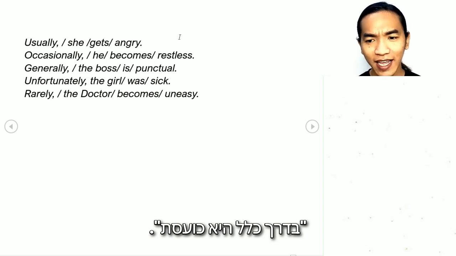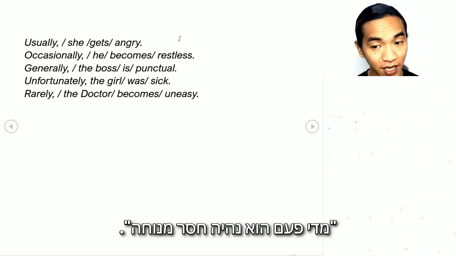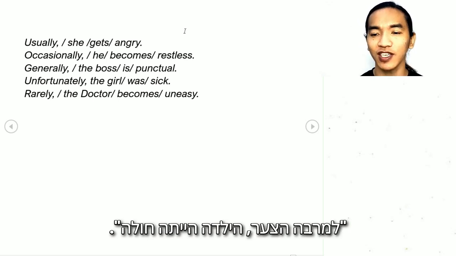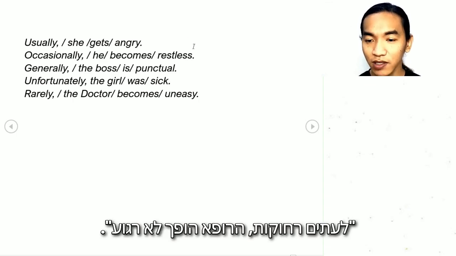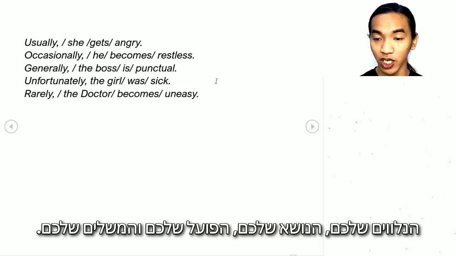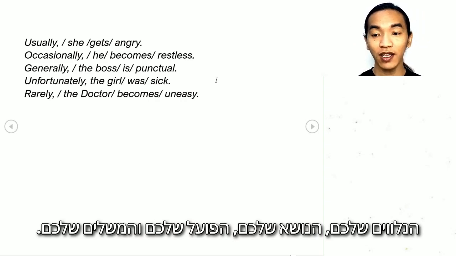Usually, she gets angry. Occasionally, he becomes restless. Generally, the boss is punctual. Unfortunately, the girl was sick. Rarely, the doctor becomes uneasy. All right? So I want you to please identify your adjuncts, your subject, your verb, and your complement.